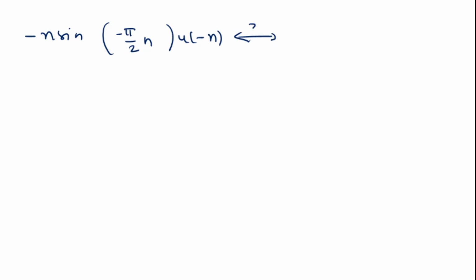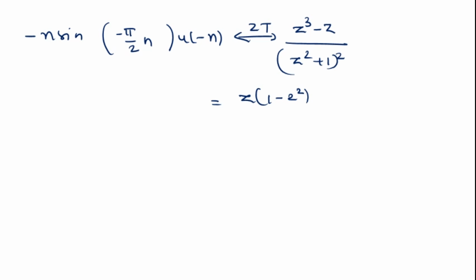If we take z transform, z cube minus z divided by z square plus 1 whole square, which is equal to z into 1 minus z square divided by z square plus 1 whole square with mod z is less than 1.